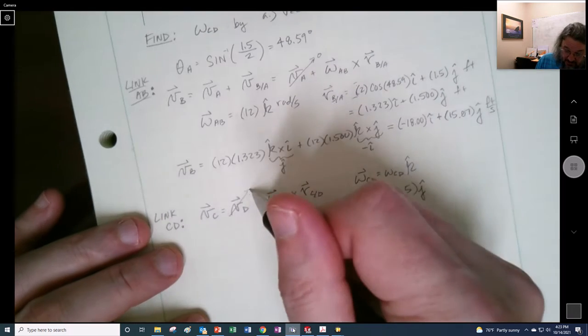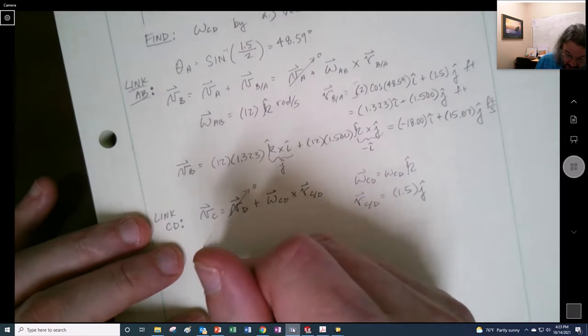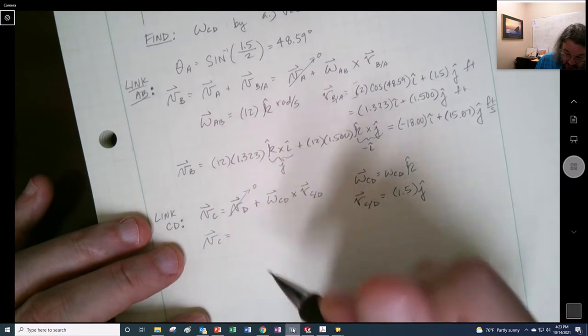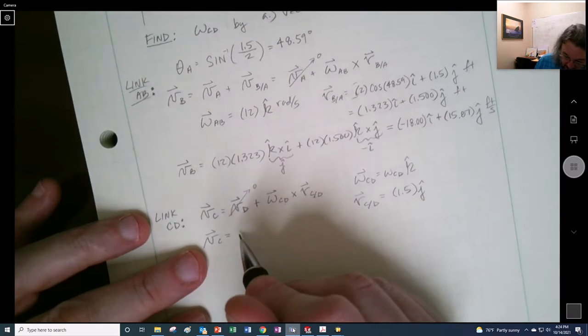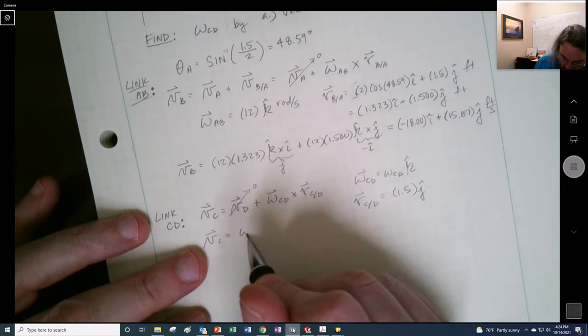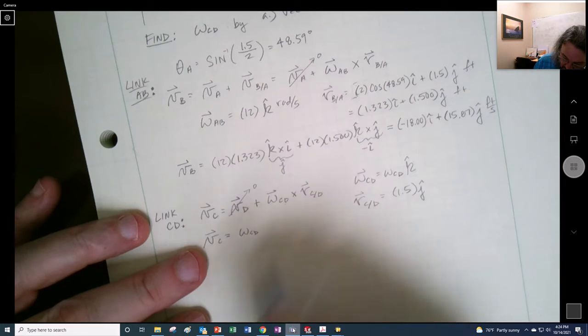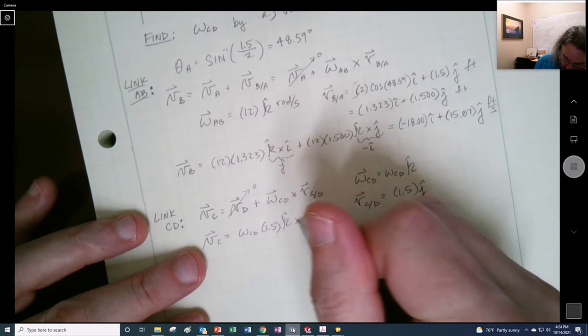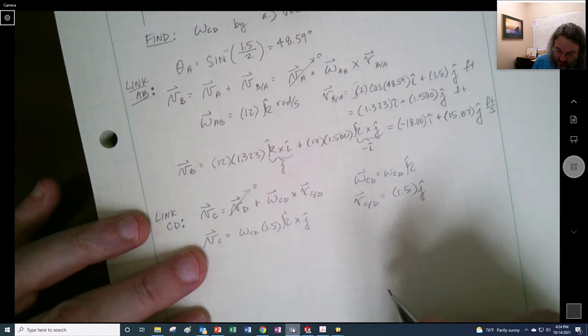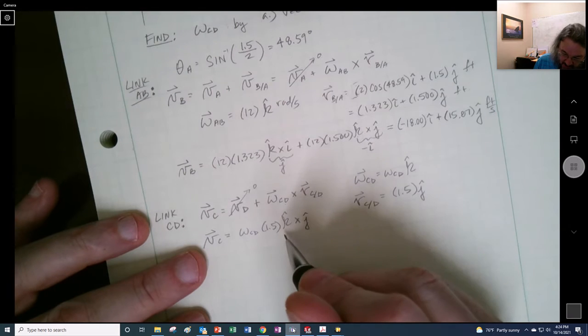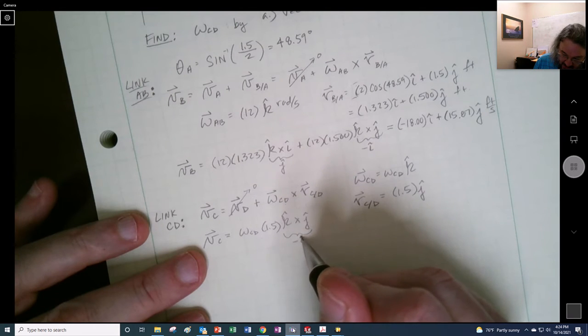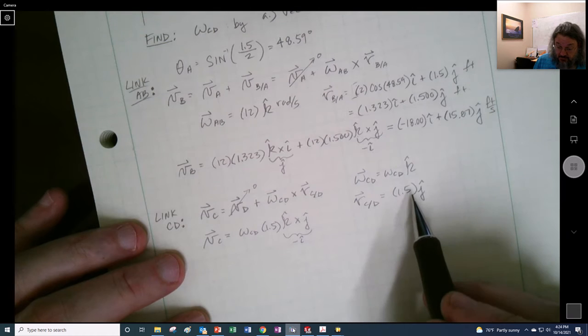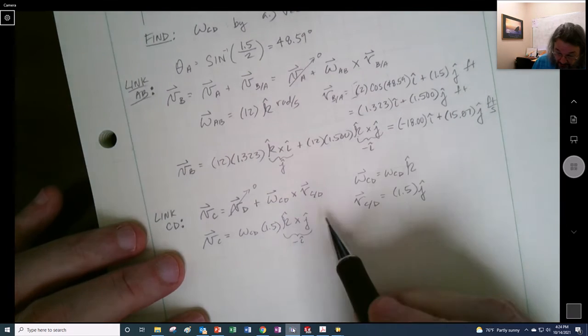And we know that the velocity of D is equal to 0. So we can say the velocity of C, based on this link right here, is going to be omega CD times our 1.5 K crossed with J. And we remember K crossed with J is going to be a negative I, right? We're good with that?